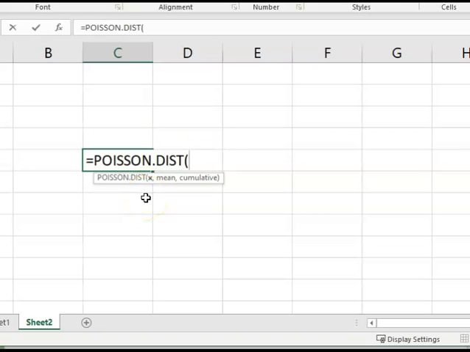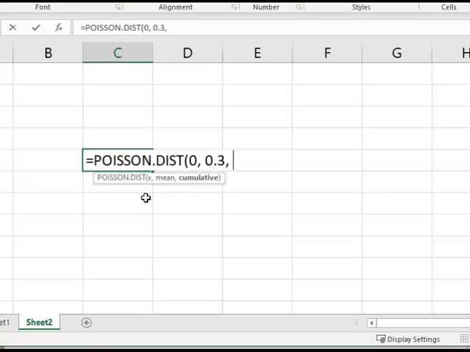X is 0 because we want to find the probability that none of those bags get lost, right? 0, none of them. And what's the average of luggages being lost? That's 30%. Make sure, if it's given in percent, to change it to decimal. So you give a value in decimal, 0.3.